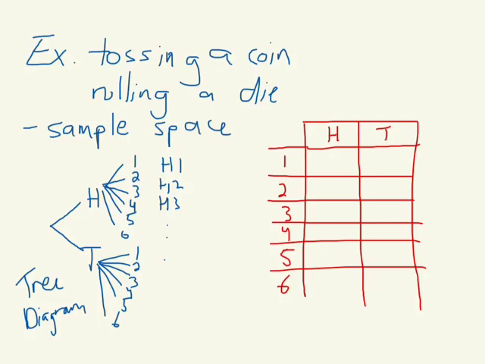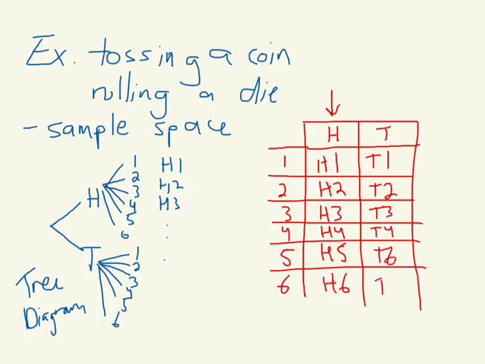So this one could be a heads and a 1, this would be a heads and a 2, heads and a 3, heads and a 4, heads and a 5, heads and a 6. So you would just follow down this first column all the way down, and then you'd get to the second one and you'd do the same thing, just matching up both ends. That is called using a table to record the sample space. So both options work. You can have your preference on what you'd like to use.